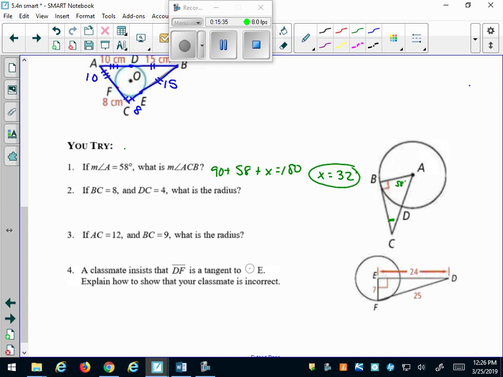Okay, if BC equals 8 and DC equals 4, so we're doing this side is 8, this piece is 4, find the radius, these both have to be x. That makes this whole thing x plus 4. So remember, you need to do x squared plus 8 squared equals the whole quantity x plus 4 squared, and that has to be FOILed out, and it is x squared plus 8x plus 16.